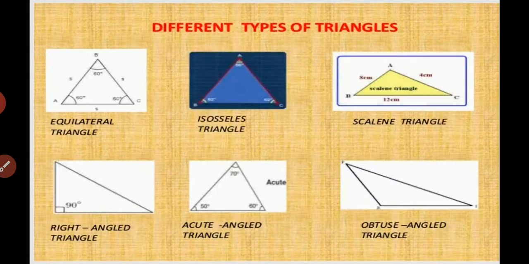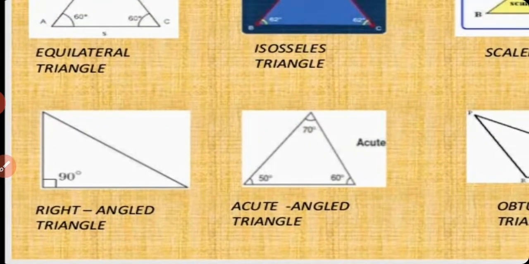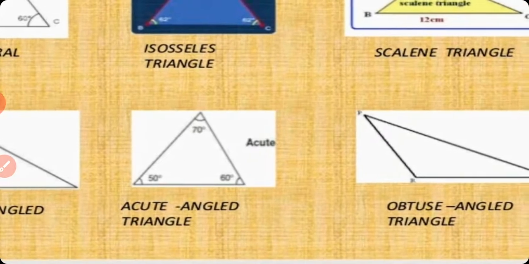Okay. Next, on the basis of angle, we can classify a triangle in three types. Right angle triangle: where one angle is 90 degrees, then the triangle is called a right angle triangle. Next, acute angle triangle.